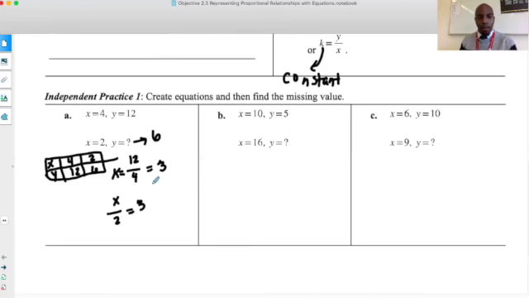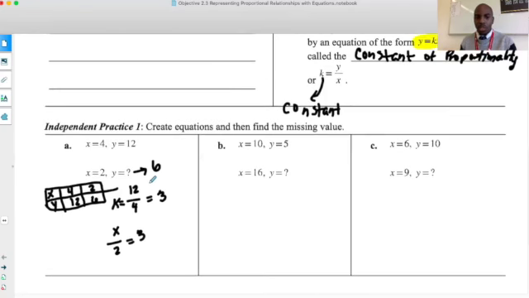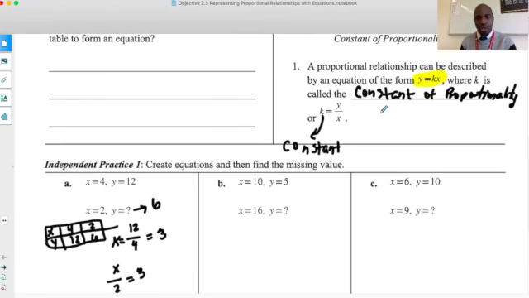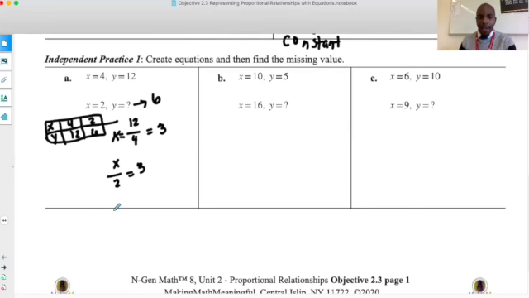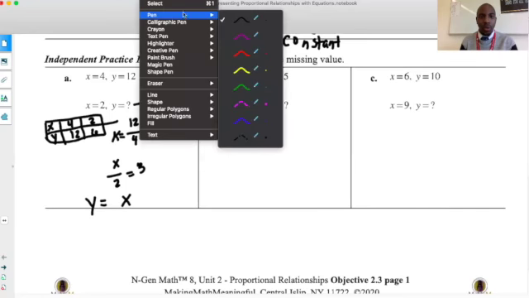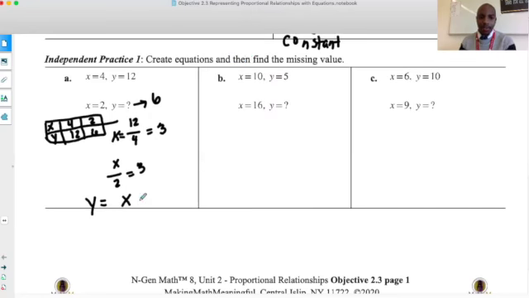Now, if you remember above, and I'm going to scroll up a little bit, because they want us to write the equation here, and I'm going to show you. Y equals K times X. If I was writing the equation, the Y does not change. Neither does the X. The only thing that's going to change here that we need to include in our equation is K. And K in this case is 3.